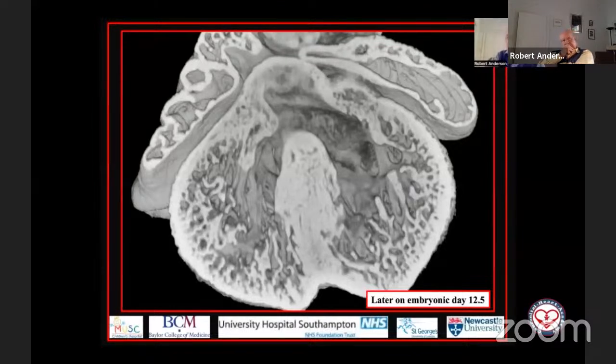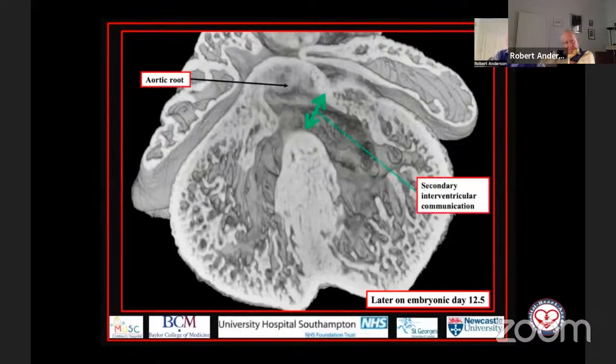But this is a cut very much at the back of the right ventricle, showing you the aortic root overriding the crest of the muscular ventricular septum. And again, we have the secondary interventricular communication, which is the exit for the morphologically left ventricle. But now you can see that tertiary interventricular communication that's going to be closed by the membranous septum.